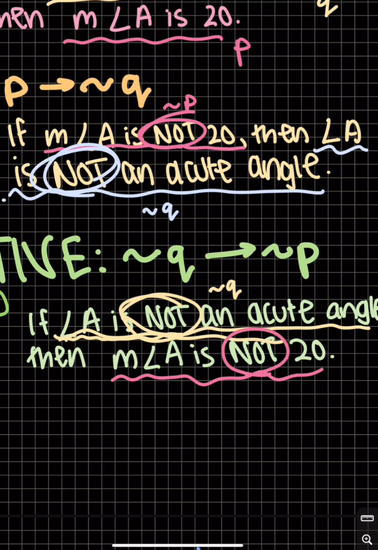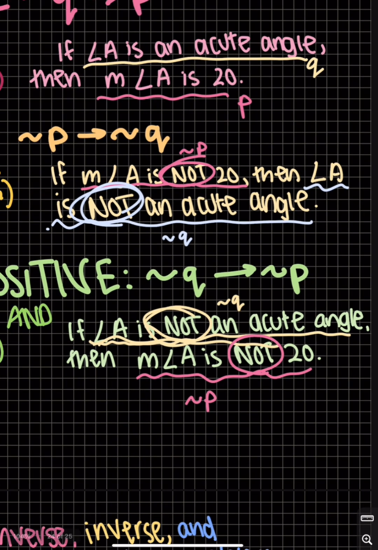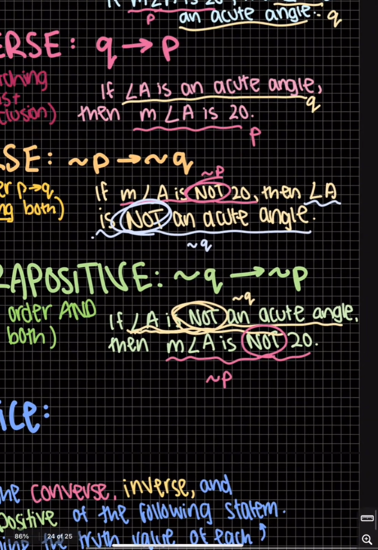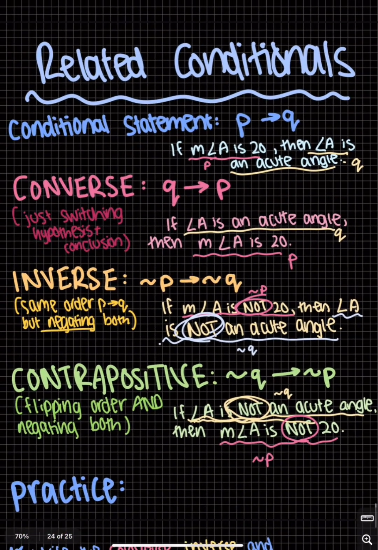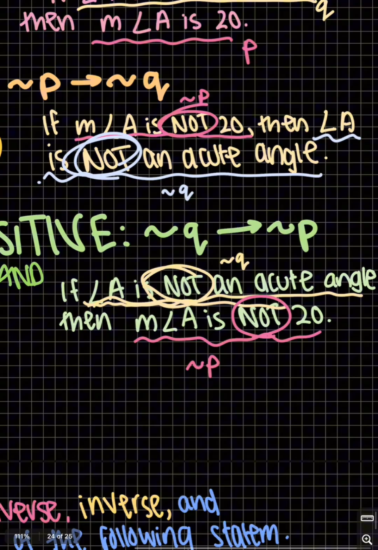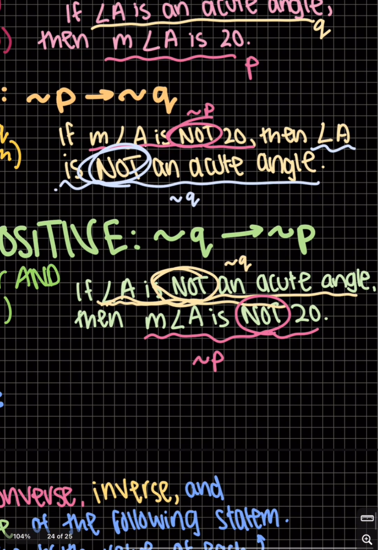This is the negation of P. And if you read the original sentence right here: if the measure of angle A is 20, then angle A is an acute angle. Now, if you read this again, I'm sorry I wrote over it.